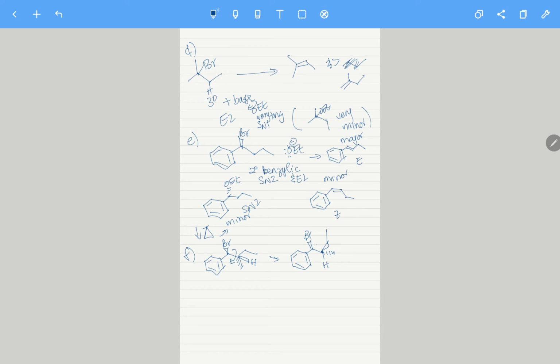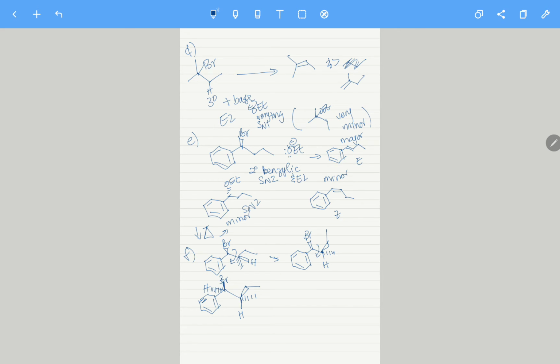So if I rotate it a little bit more, I can get something that looks like this. And so just try rotating it with like a model kit so you can understand what I'm talking about. But basically, you just keep rotating until the structure is going to give us the anticoplanar.